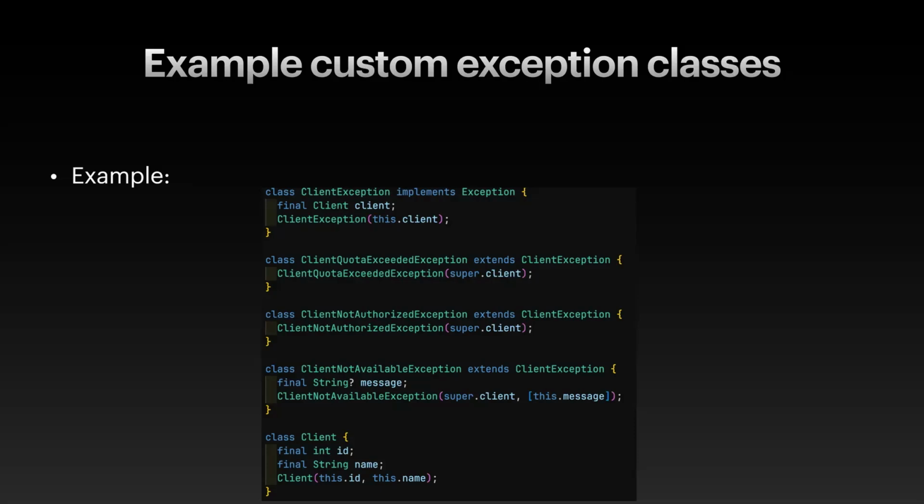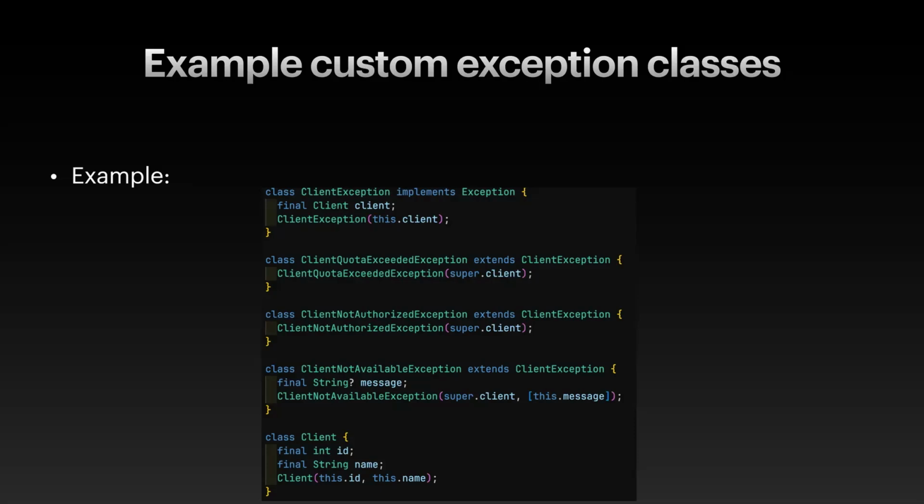But then we have client not available, where we have a string message that is optional, but would provide maybe additional information about what might be actually happening. Also, just for grins, there's the definition of client. Of course, we'd really want that to include equatable and a toString that works and things like that.